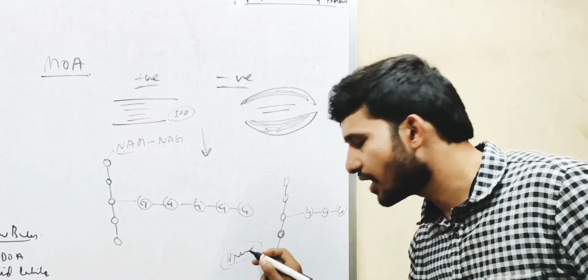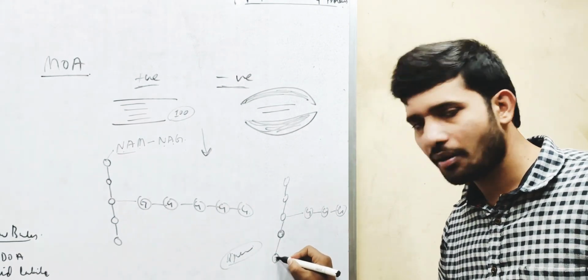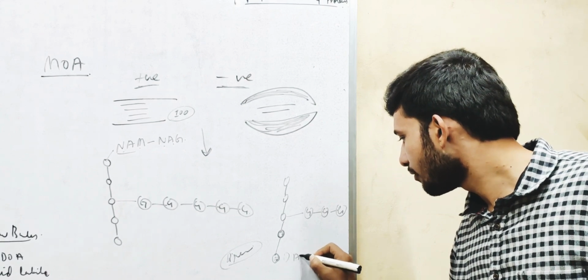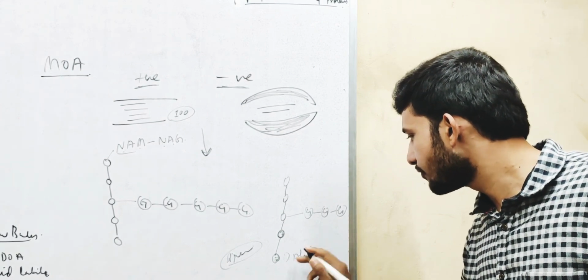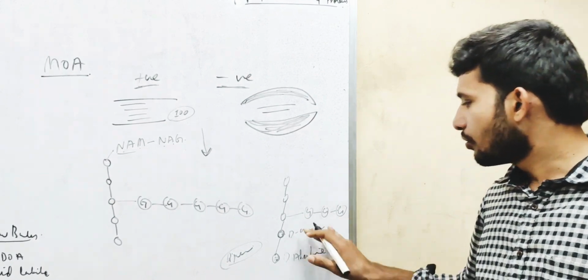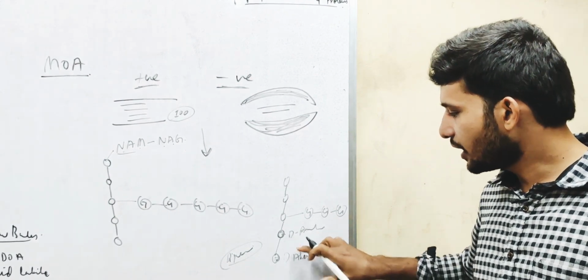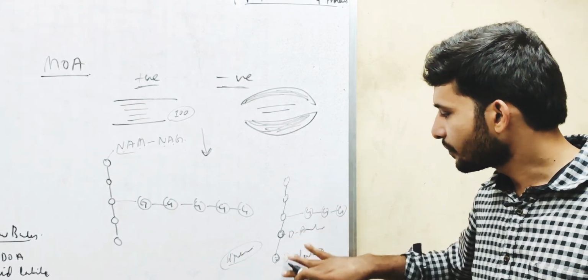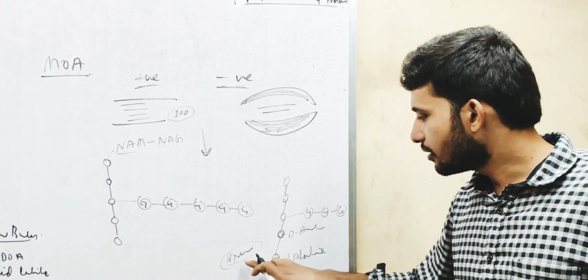The 5th amino acid is D-alanine, and in the 4th position also we have D-alanine.